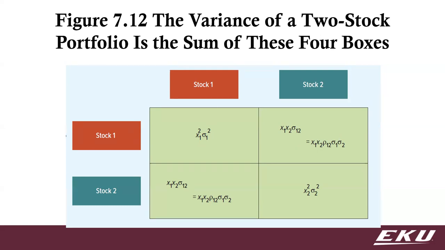Just how much noise is there in that variance, right? And so you see the sigma squared, that's our symbol for variance. And then down here, this is sigma squared, but it's for stock two, because again, this is the variance of stock two. So the upper left-hand corner is stock one's variance, lower right-hand corner is stock two's variance.